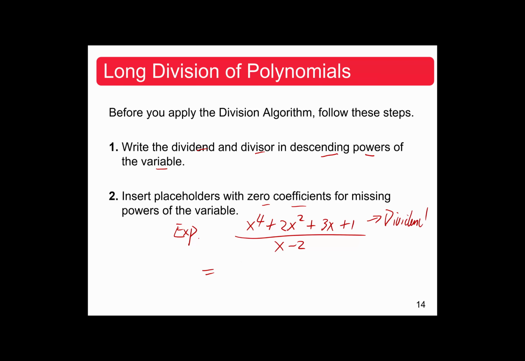The missing term is 0x cubed, so it becomes x to the 4th plus 0x cubed plus 2x squared plus 3x plus 1. So you definitely need to insert this missing term here. So then you can carry on with the long division. The missing term is very crucial to be put back in the dividend.